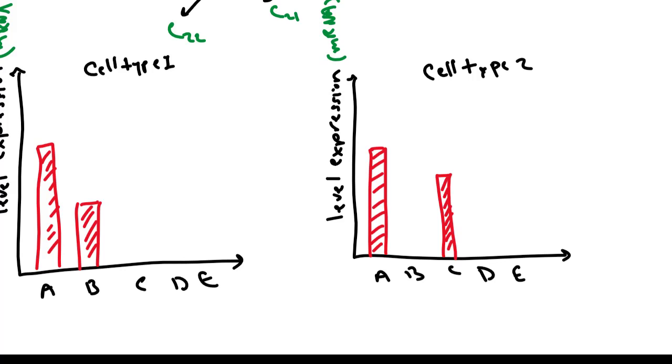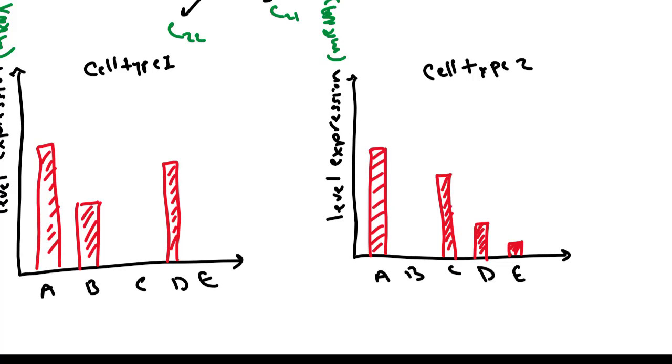Now, it could be that D is being expressed very well in cell type 1, whereas it's not being expressed so well in cell type 2. Again, this is differential gene expression. So D is kind of partially silenced, if you want to think about it that way, in cell type 2, whereas it's being fully expressed in cell type 1. Now, E could be partially expressed in cell type 2 while not being expressed in cell type 1.